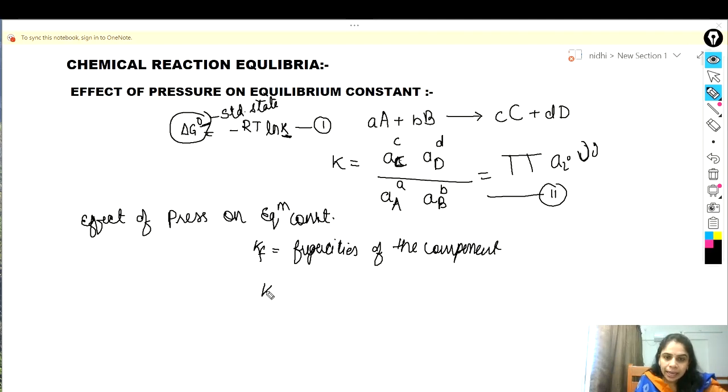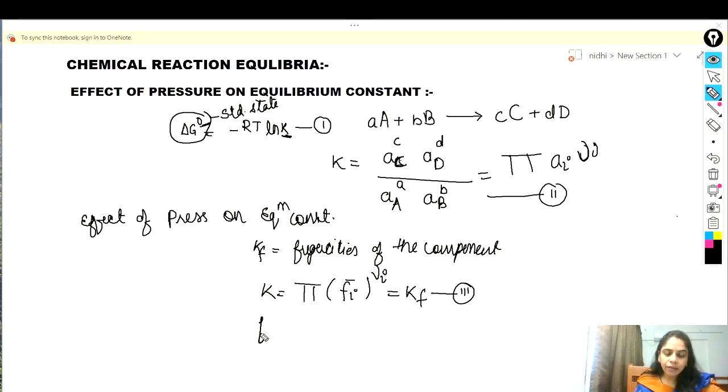So we know that K equals the product of f_i bar to the power nu_i, which equals Kf. Let's take this as equation number 3, and we know that fugacity can be written as the product of the fugacity coefficient and the partial pressure of the component.